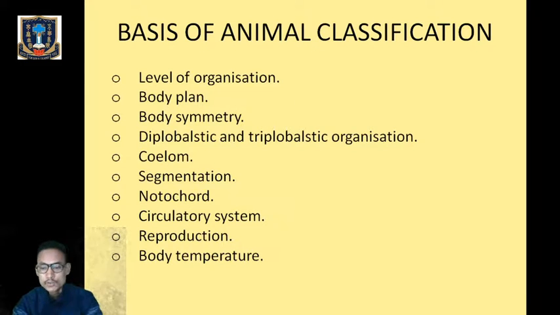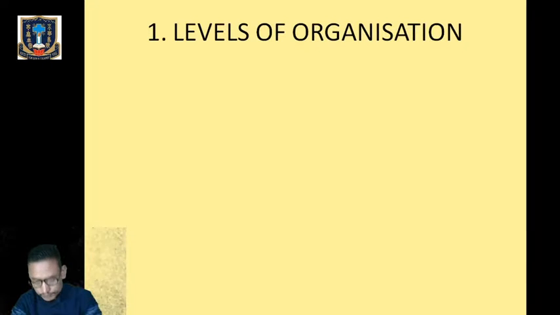Alright, so let us begin with the first basis of classification, that is level of organization. Clear? So let's talk about level of organization. Before this, remember that each and every organism, may it be unicellular or multicellular, is made up of cells, and all the functions which generally take place within our body are carried out by the cells.